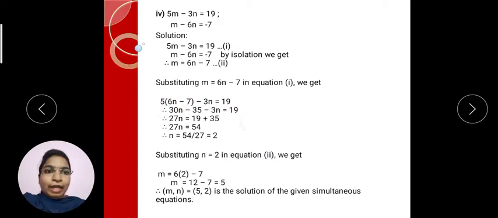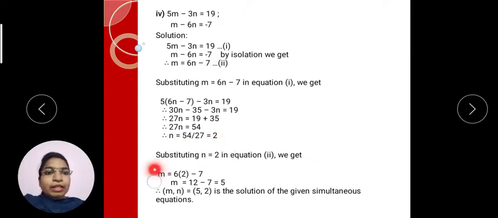After solving the bracket, the like terms you have to add or subtract. Now 30n minus 3n is 27n, and this minus 35 shifts towards the right side and becomes 35, and therefore 27n is equal to 54, and n is equal to 54 by 27, that is equal to 2. So after solving this equation, we got the value of n is equal to 2.